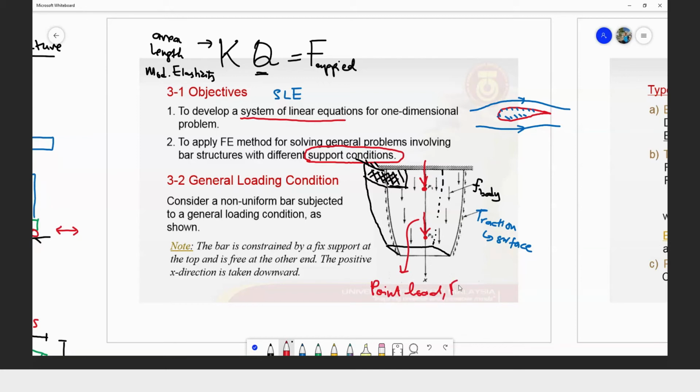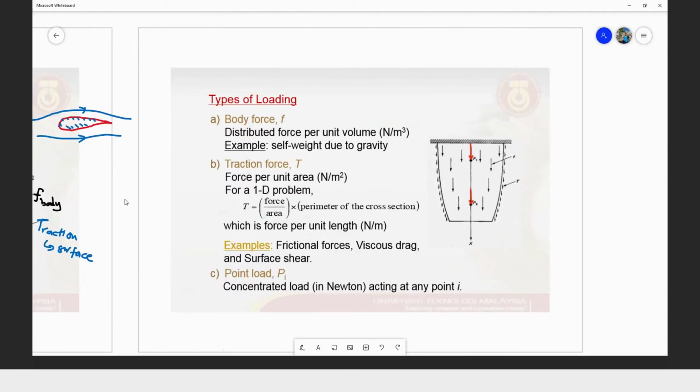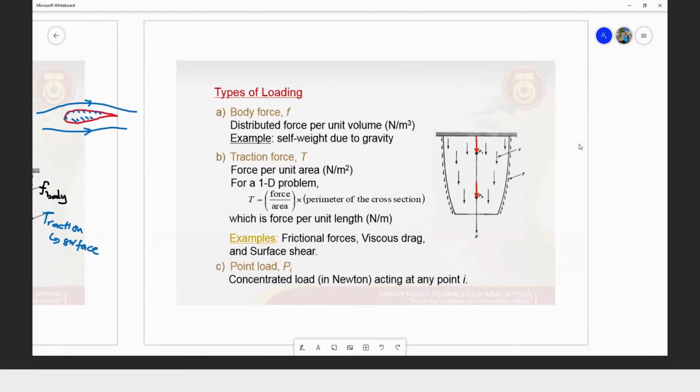And it is represented by P in this figure. So we have three types of forces, and the explanations you can find here in this slide. So this is what I mentioned to you just now.